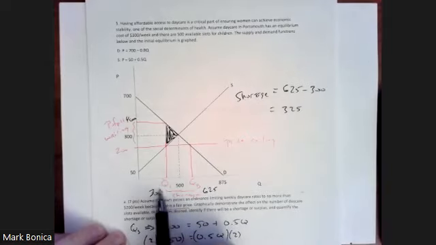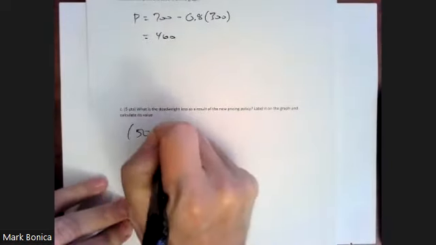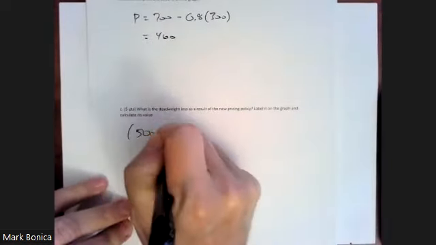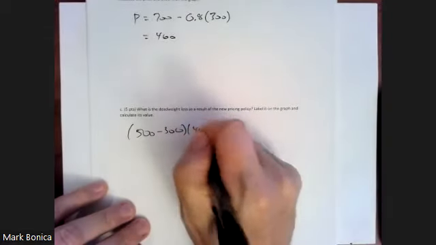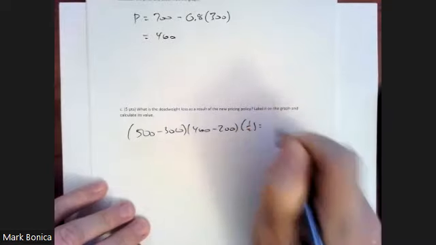So it is 500 minus 300 wide. It is from the 500 over to the 300, and then it is 460 minus 200 tall. Times 1/2.